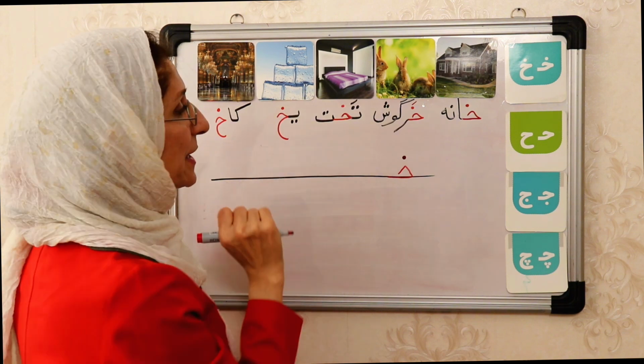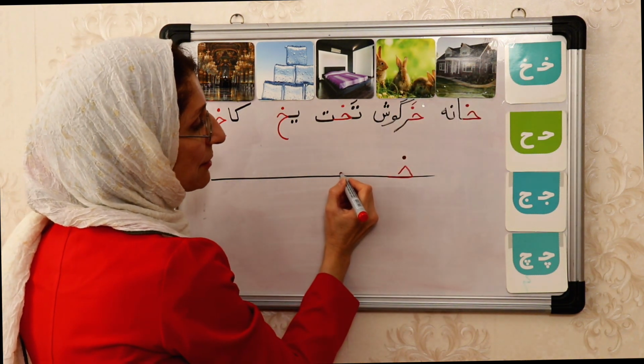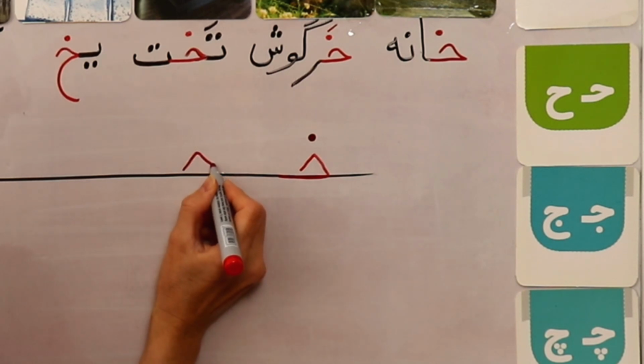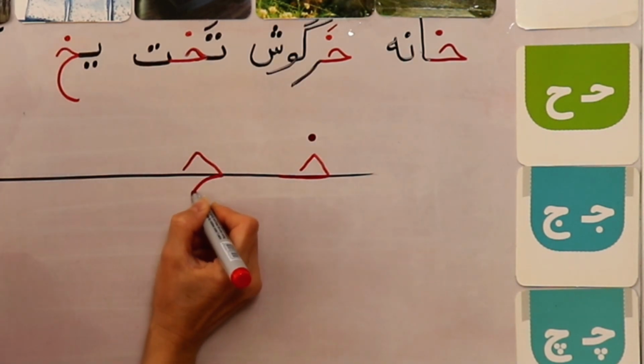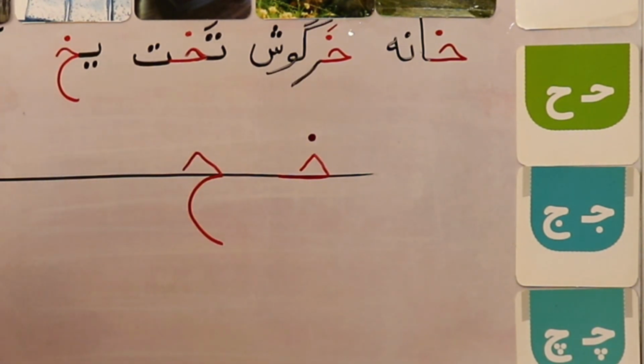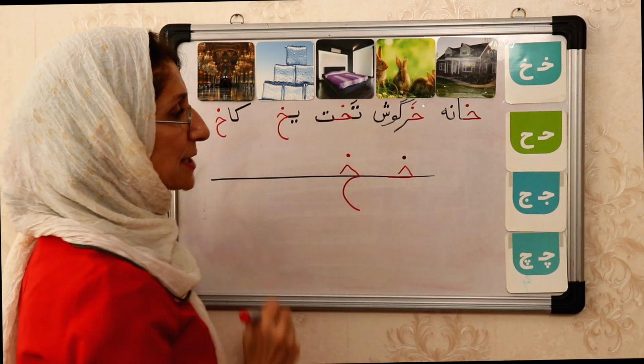But we have the final khe also. How do we write it? First we go up in a very beautiful triangle, come to the line and a very beautiful curve here below the line and one dot above its head.